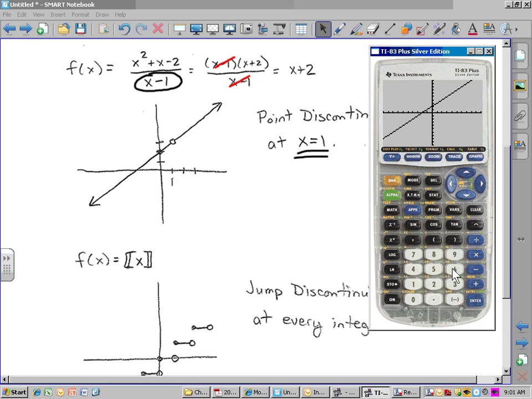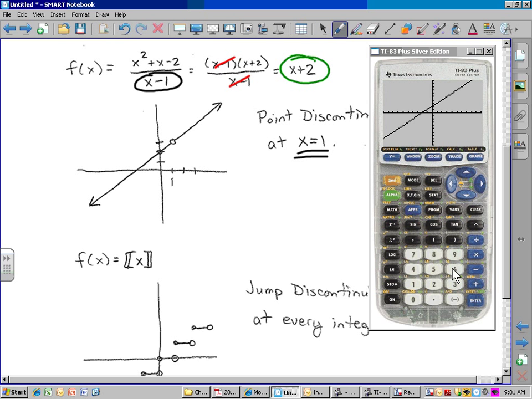Now we're getting a straight line, because when something is canceled out, we're actually going to see the graph of y equals x plus 2, which we do see. We can clearly see that it is touching the y-intercept at 2, slope of 1, up 1 over 1, up 1 over 1, and so forth.